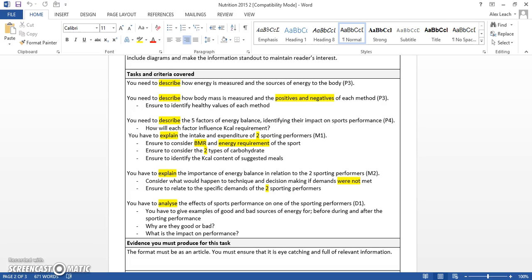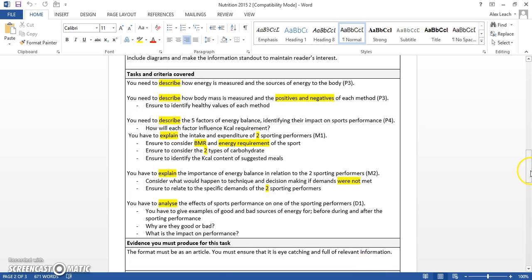So an example of this is if a male was to play a game of rugby and a female was to play a game of rugby, and they're both doing the exact same things within the game, the male will naturally burn or require more kilocalories within the game because males naturally require more kilocalories than females. This is largely due to an increased muscle mass, increased body mass overall. Therefore, more kilocalories are needed to power the male. Just do that for each of the 5, and that's P4, nice and easy.